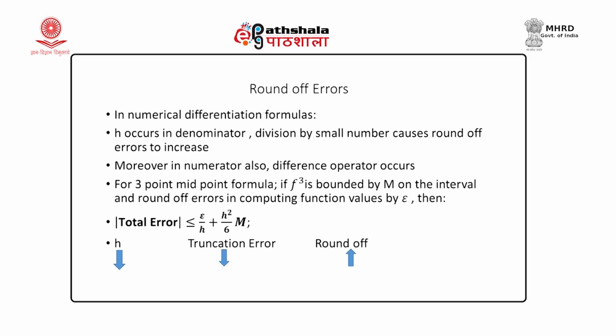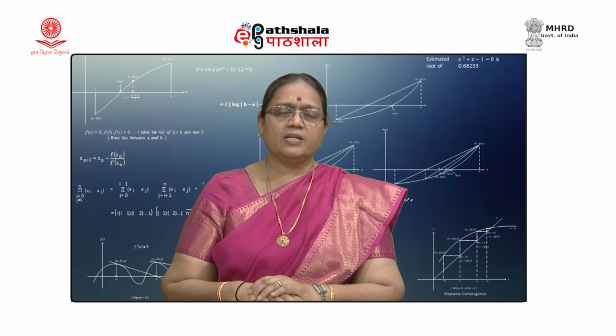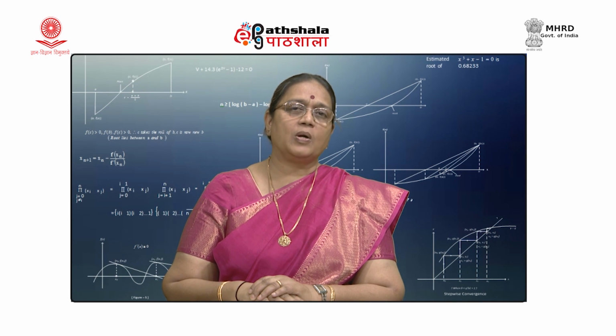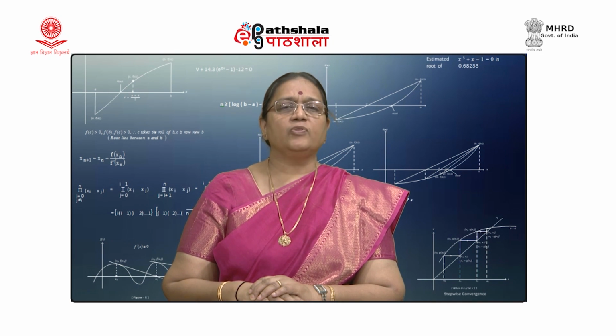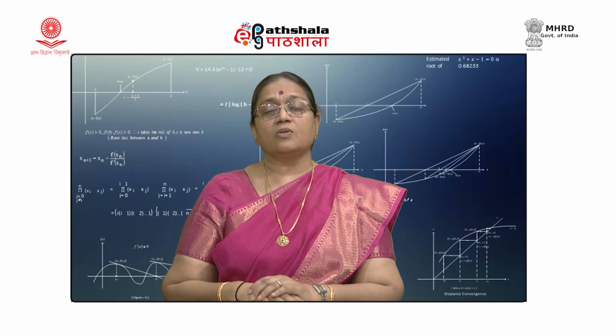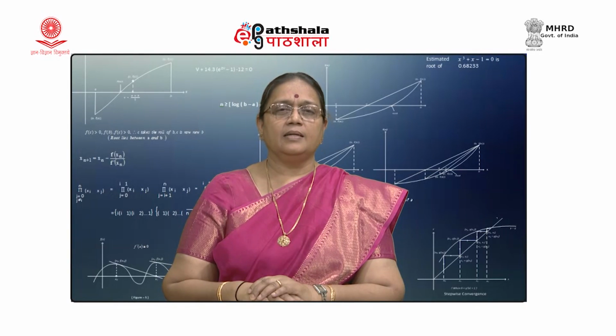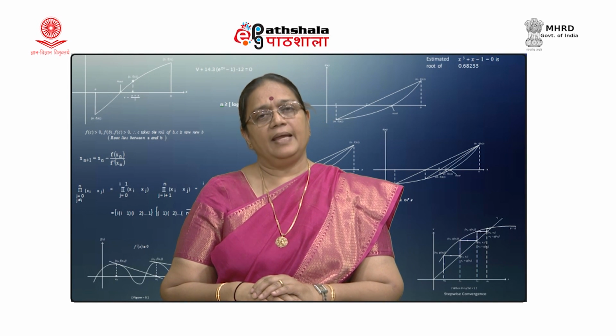Now, in the case of numerical differentiation formulas, we have seen the truncation error. Now, let us come to round-off errors. In the case of numerical differentiation formulas, round-off errors also play an important role, for the simple reason that the formulas involve division by h.